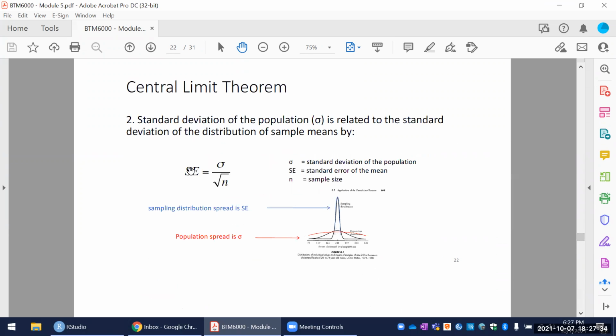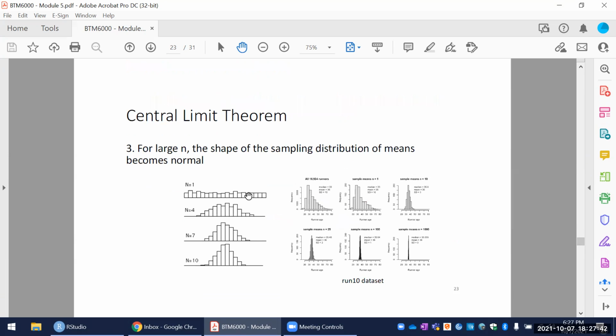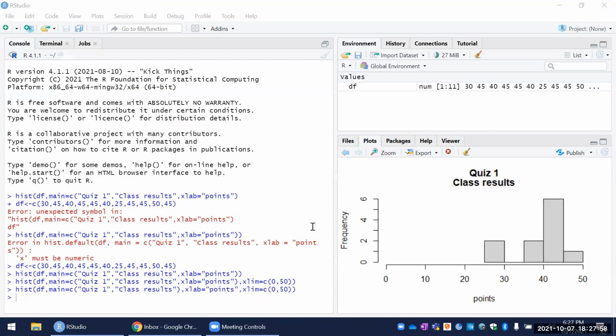The relationship between the standard error of the mean and the sigma of the population is given by the square root of the n, and the larger the n, the more normal the shape of the sampling distribution becomes. So these are really the most important take-home points of today's lecture. So if this was all understood, I'm very happy to hear that, and then we can essentially move towards our lab.